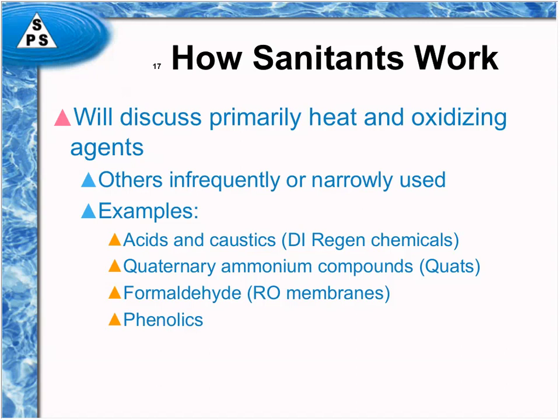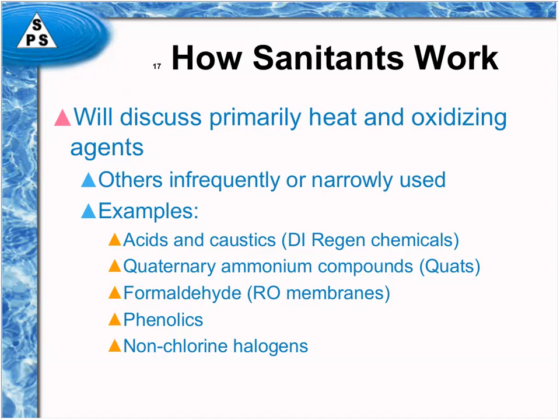Phenolics, which are also used as sanitants for environmental surfaces, are rarely used in water systems because they don't work well. Non-chlorine halogens like iodine or bromine have been used to a limited extent, but primarily by the military, frankly, for preparing drinking water when you're in the middle of nowhere and all you have is a mud puddle for your water source or a contaminated stream or pond.